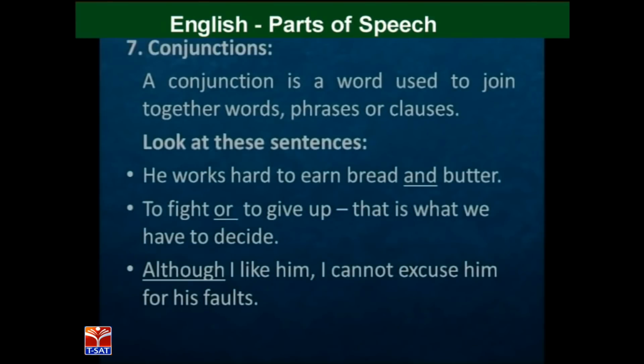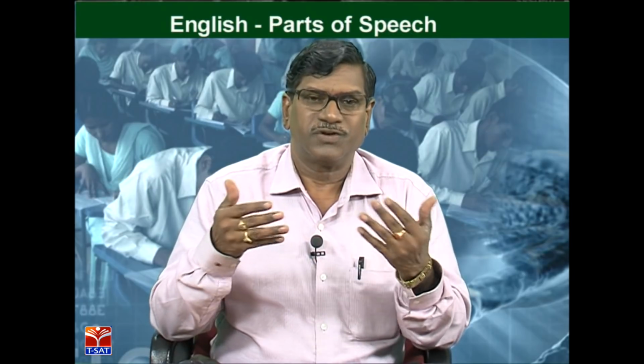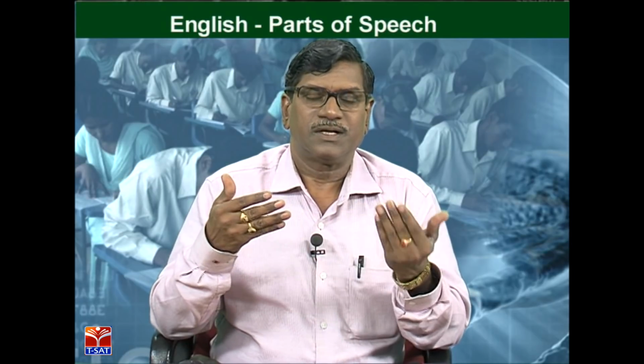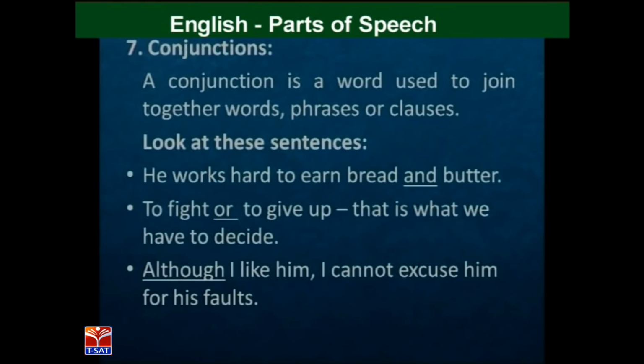So, a conjunction may join together two words or two phrases or clauses. That's our definition. What's a conjunction? It is a word used to join together words, phrases and clauses. So, that is what a conjunction is.